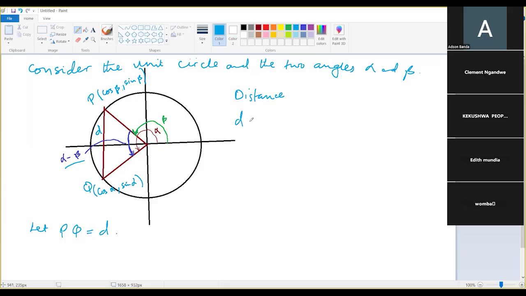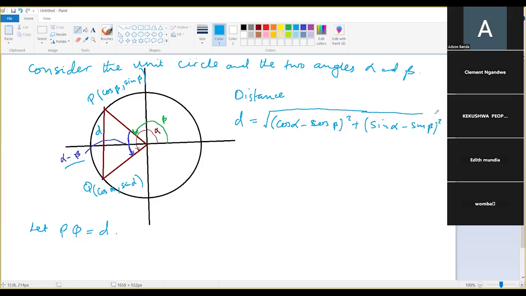So from the distance formula, we have that D will be equal to the square root of cos alpha minus cos beta, all squared, plus sine alpha minus sine beta, all squared.